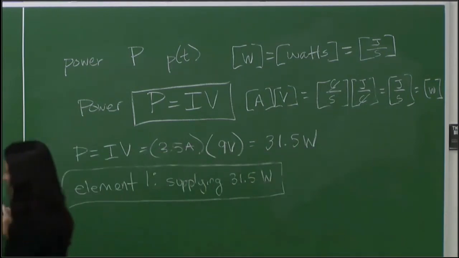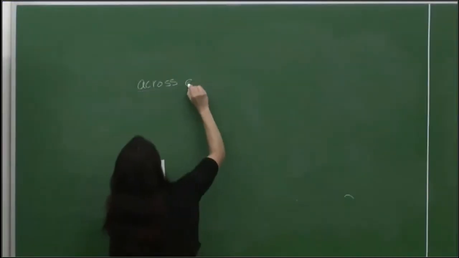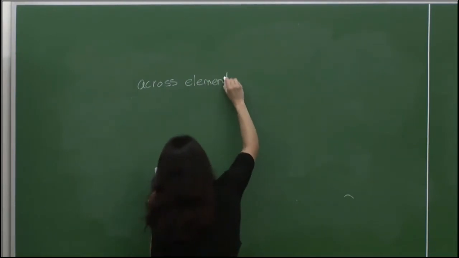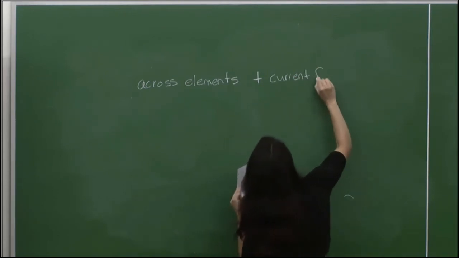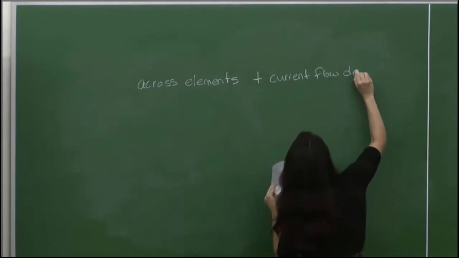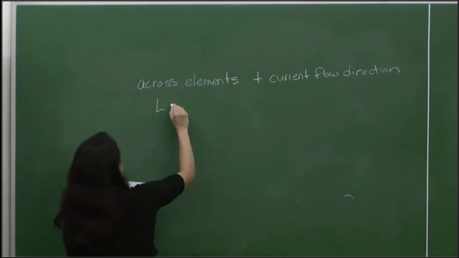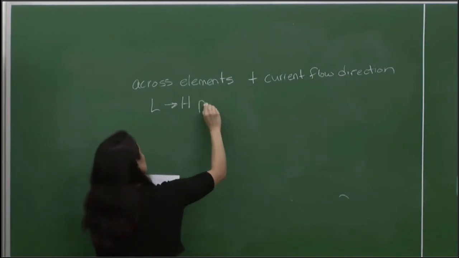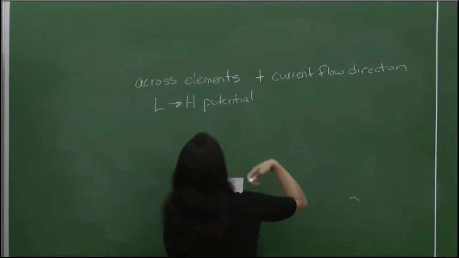But generally, to summarize for today, when we're talking about supplying or absorbing, if you know positive current flow direction across elements, with positive current flow direction, if you're going from low potential to high potential, that element itself is supplying power.